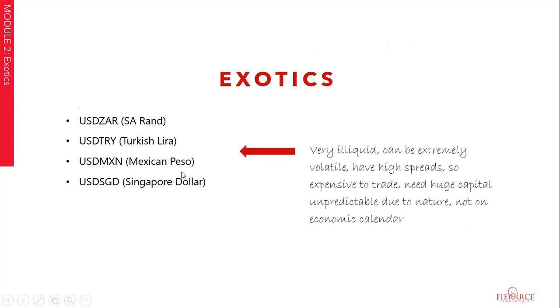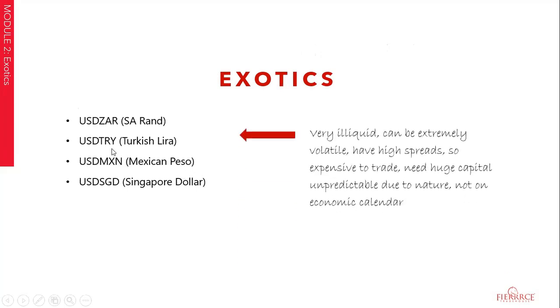Now these exotic pairs tend to be very illiquid. When you say illiquid, basically, unlike the major currencies which are very liquid, these are not very widely traded across the board. You'll find that in the major economies, they are traded more in those markets. So maybe the South African market tends to trade these pairs more within the global exchange.